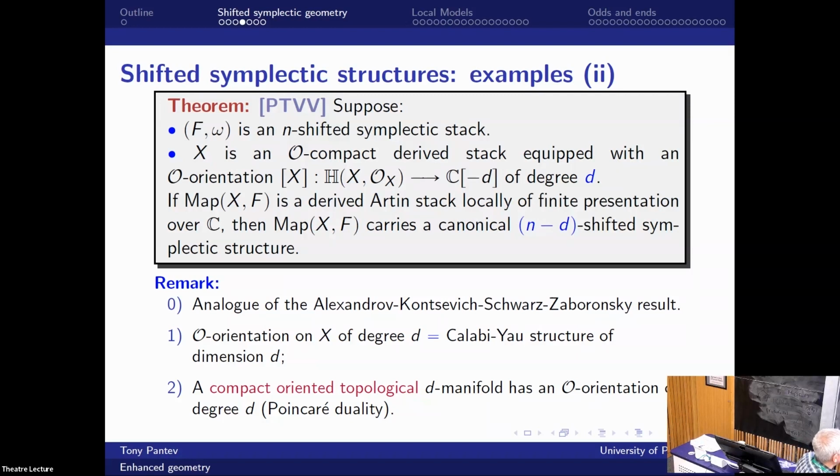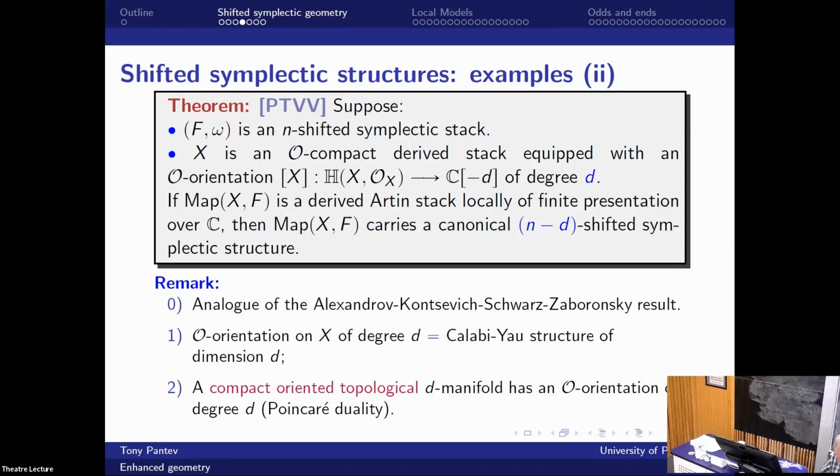And let me just say that these orientations are not uncommon. They're fairly easy to find. So two standard examples that provide you a compact derived stack with orientation of dimension d are a compact Calabi-Yau space of complex dimension d, or a compact oriented topological d-dimensional manifold.